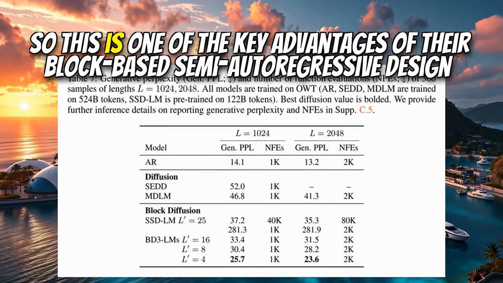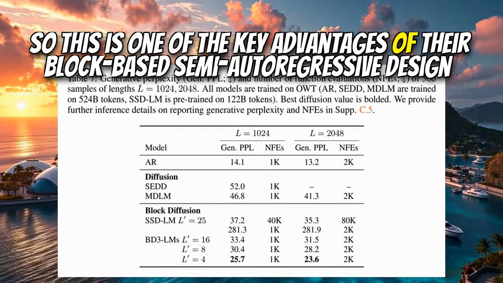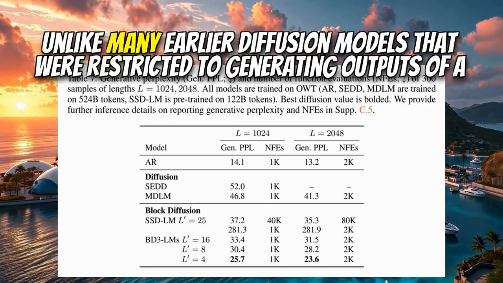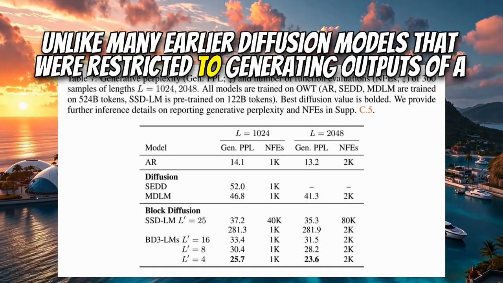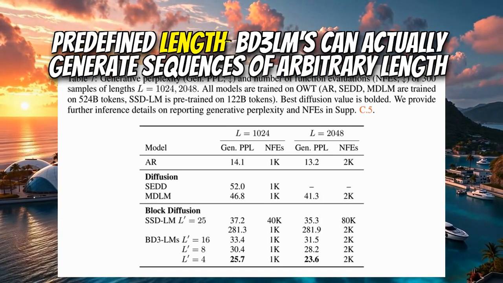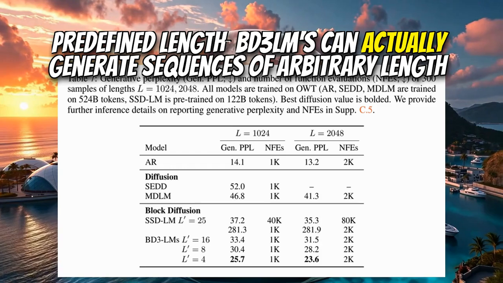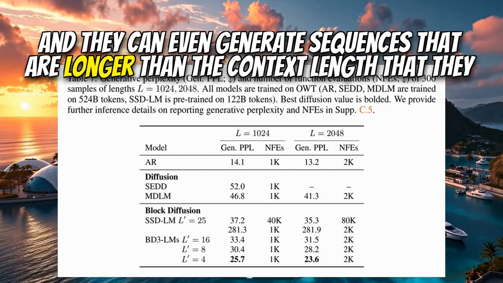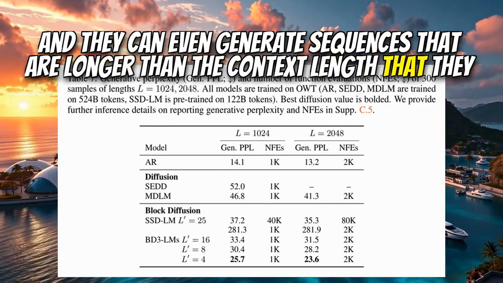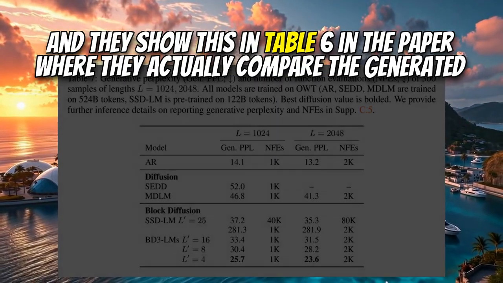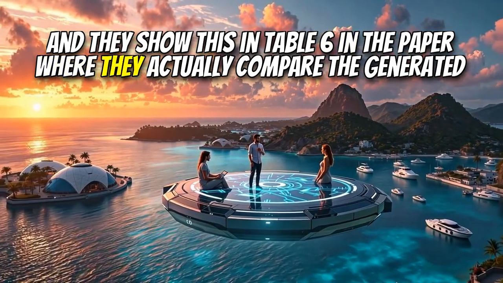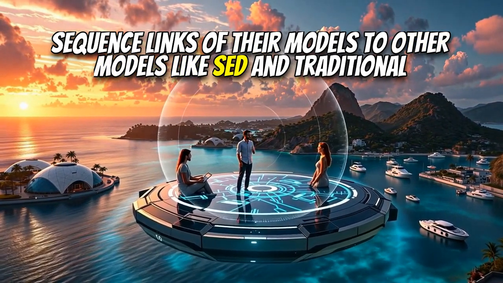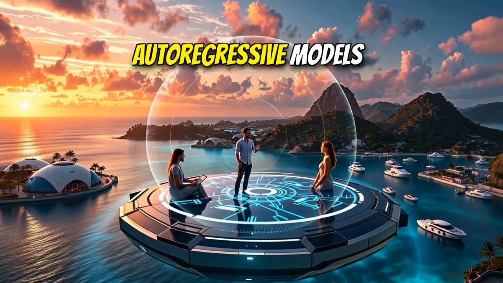Right. Yeah. So this is one of the key advantages of their block-based semi-autoregressive design. Unlike many earlier diffusion models that were restricted to generating outputs of a predefined length, BD3LMs can generate sequences of arbitrary length, and they can even generate sequences that are longer than the context length that they were trained on, and they show this in table 6 in the paper, where they compare the generated sequence lengths of their model to other models like SED and traditional autoregressive models.